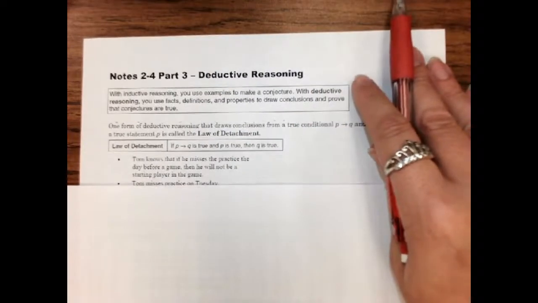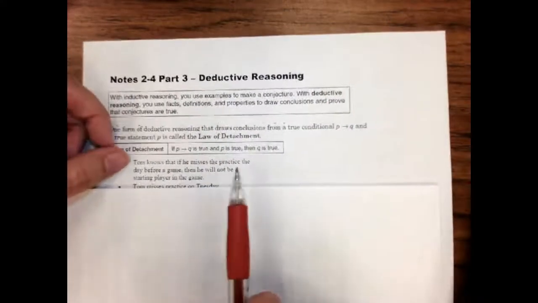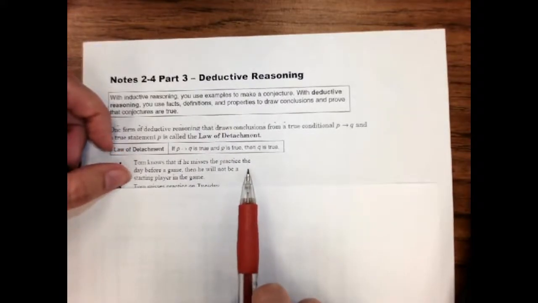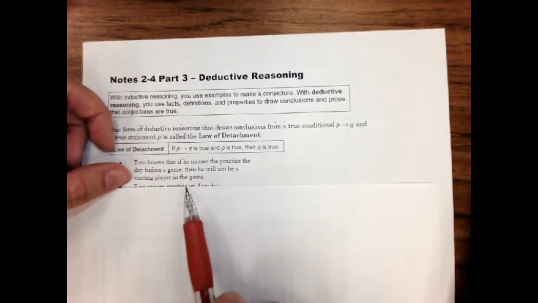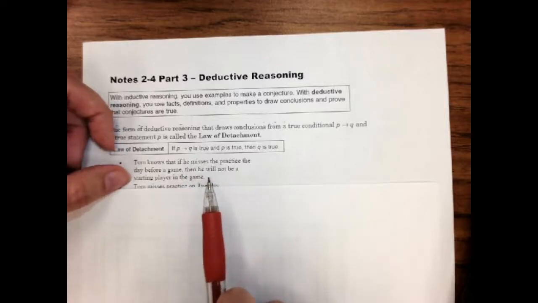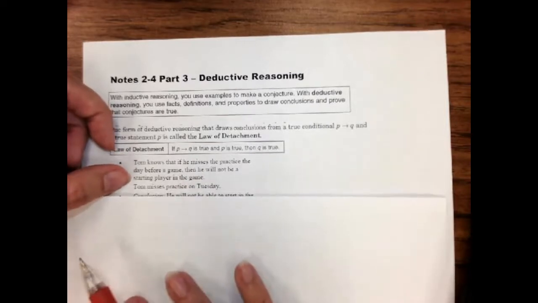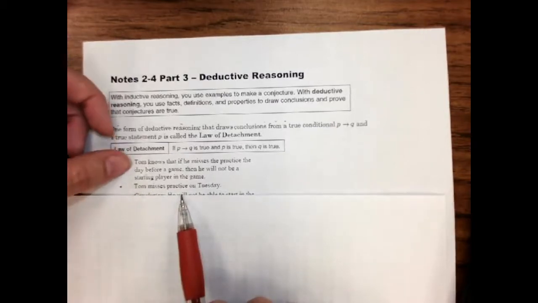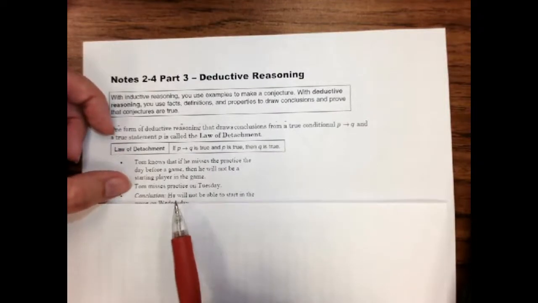So here, Tom knows that if he misses the practice the day before the game, he will not be a starting player in the game. That's the rule that the coach has already said. If you miss practice the day before the game, you won't be a starting player in the game. And then Tom misses practice. Well, if I know this is the rule that's going to be applied, and I know that Tom misses practice, what's going to happen?